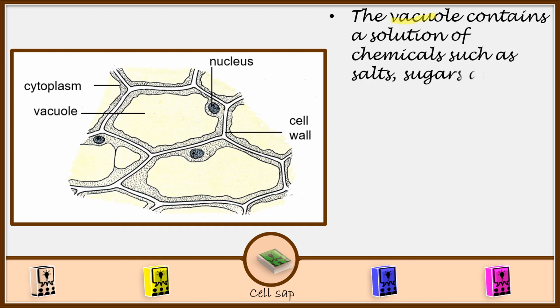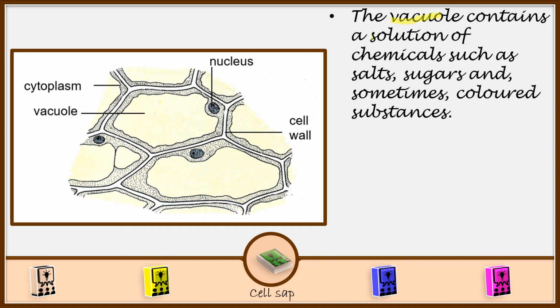The vacuole contains solutions of chemicals such as salts, sugars, and sometimes colored substances. That is the vacuole. The vacuole is this middle part here. This middle part contains solutions of chemical substances.